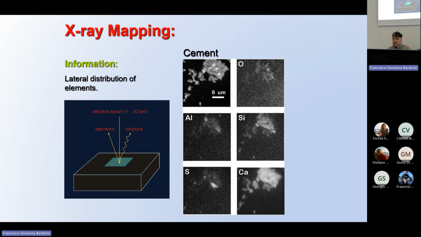But is the interaction only for the distribution of carbon, or for the other elements? Some absorption you have also for other elements, depending on the energy of the X-rays which are produced. If the X-rays are very energetic, they pass through without any problem. If the X-rays are very low energy, they could be absorbed by the carbon.